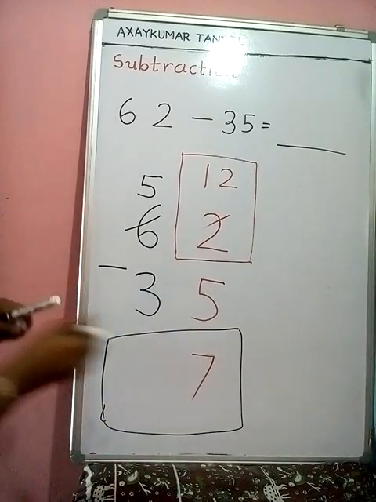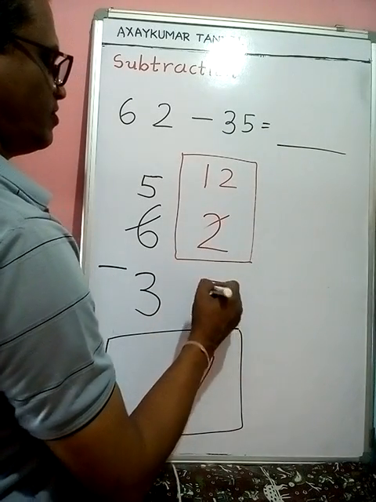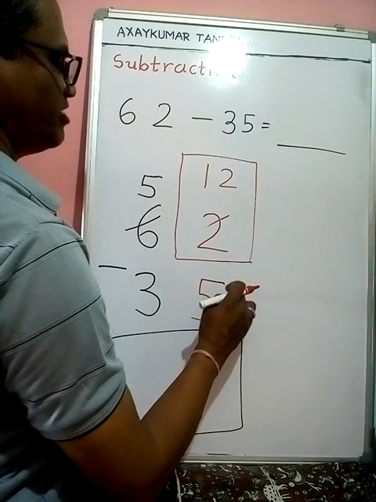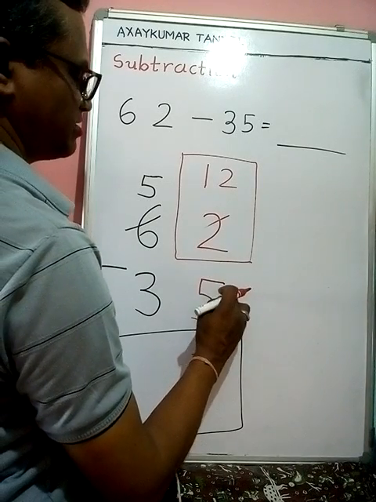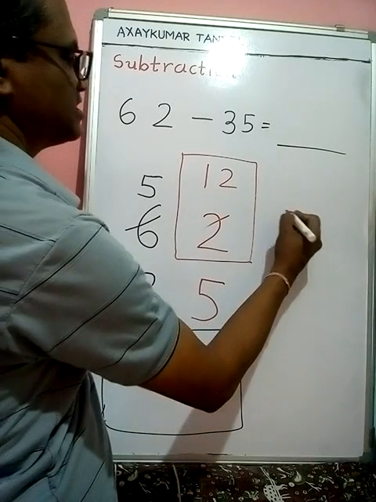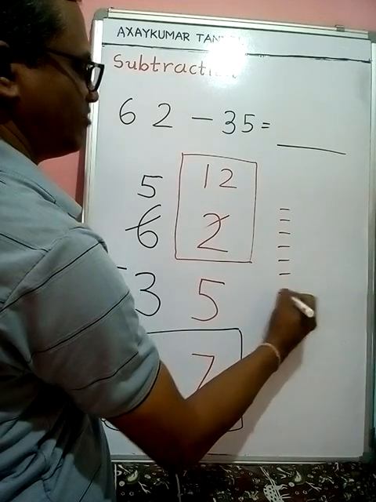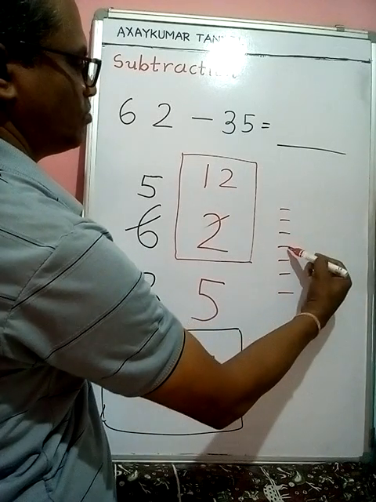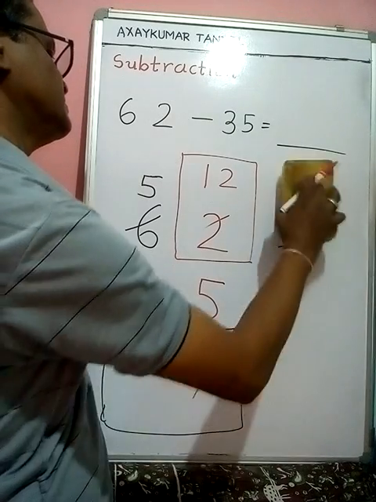Remember? We have already 5. We reach 12. We count from 6: 6, 7, 8, 9, 10, 11, 12. That is 1, 2, 3, 4, 5, 6, 7. Our answer is correct.